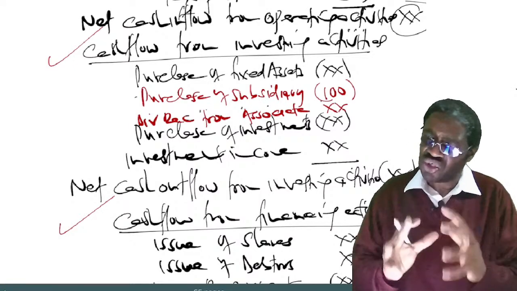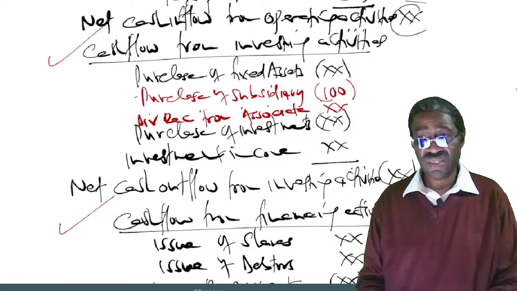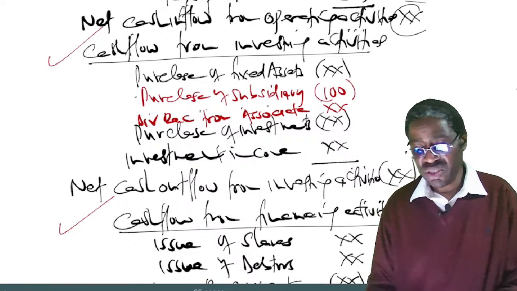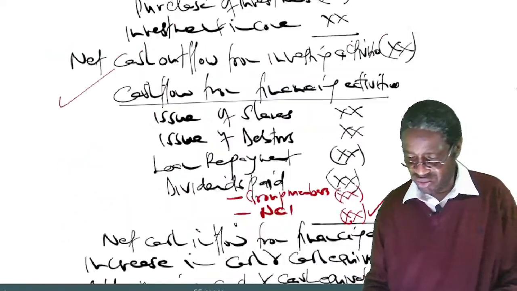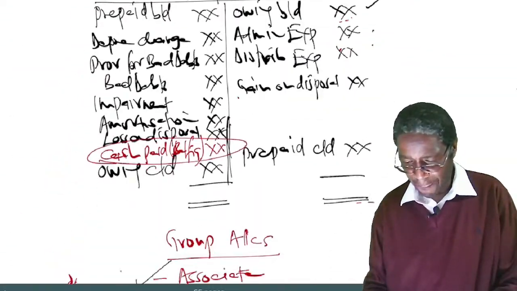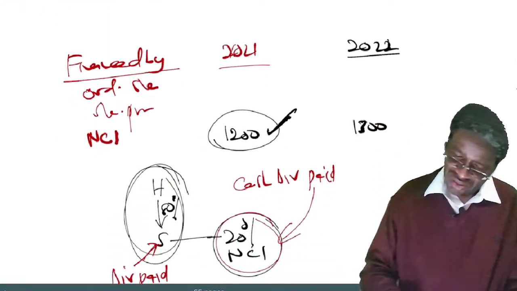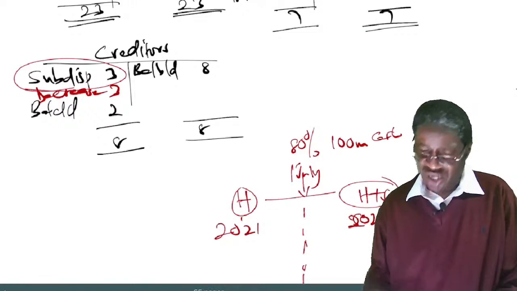As much as it's true you paid 100 million cash, listen, we now don't bring in that 100 million in the cash flow statement. No. What's the argument now? Let's go back. The argument is this.